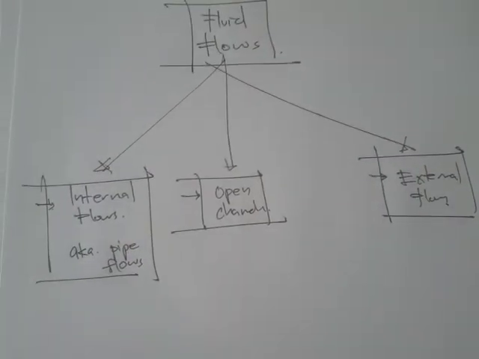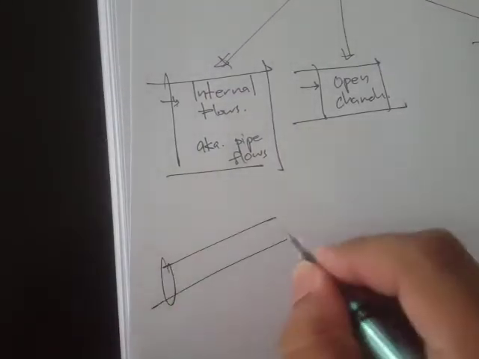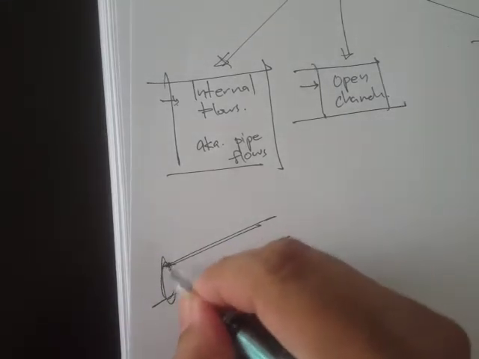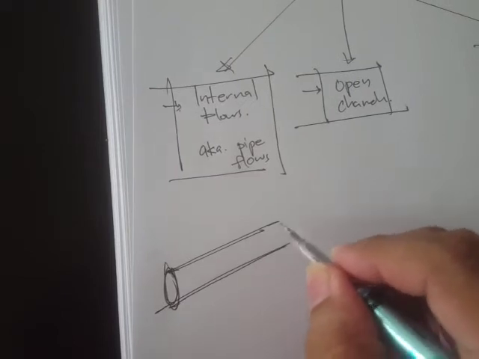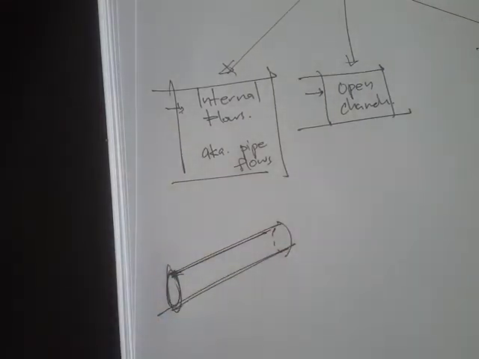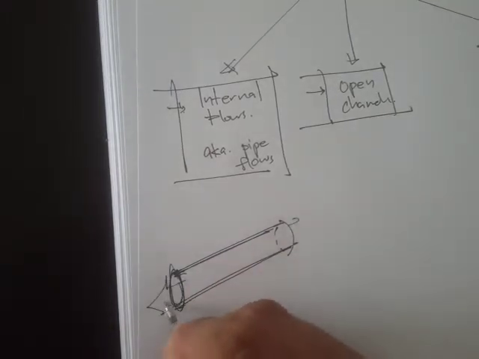When we say internal flows, that means that the flow is inside a solid boundary. For example, this is our conduit or solid boundary, then the flow is inside.